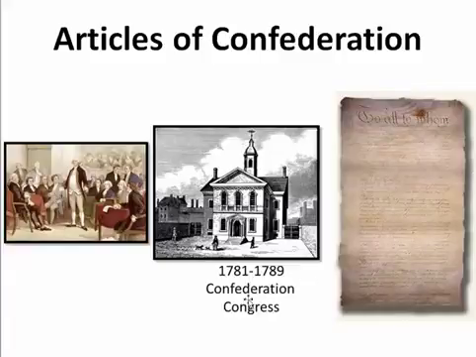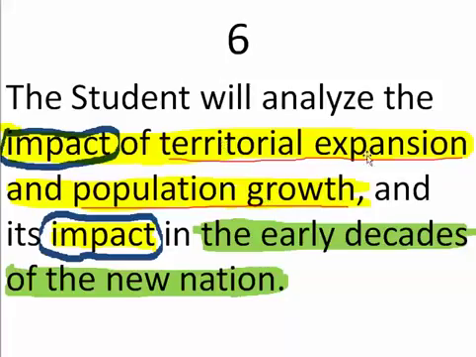The Confederation Congress was making the decision. So in 1787 the Constitution had not yet been ratified. So we're still running on the Articles of Confederation. We're going to have population growth going on in the United States, and this territorial expansion, these new lands out west we're going to get. What's the impact of those on the early decades of the new nation?